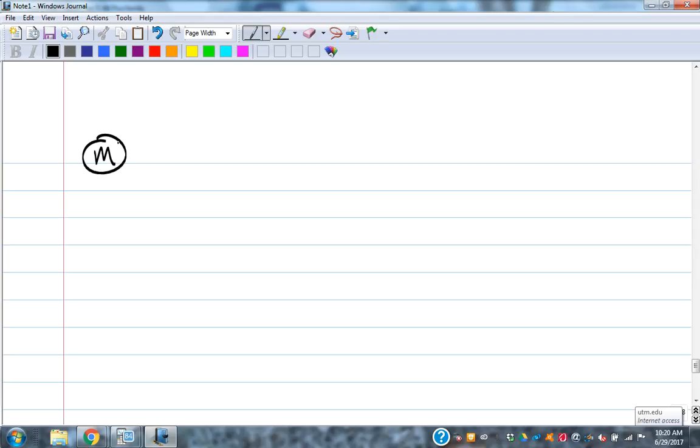So let's say we had f of x is equal to x cubed minus 2x squared minus 4x plus 8 as a polynomial. See if you can get it started.